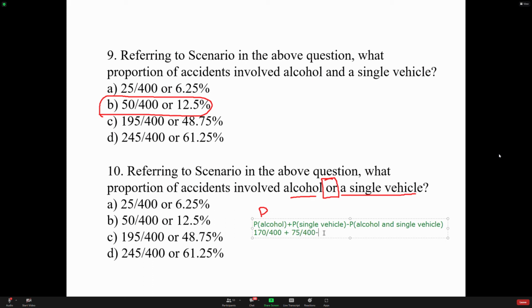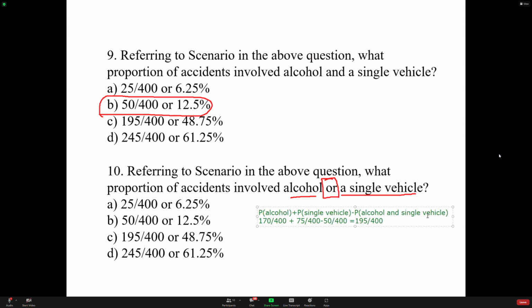Here probability of alcohol and single vehicle is 50 over 400. So if you do the calculation, the answer is C. You will get 195 over 400. All right, so the answer should be C.